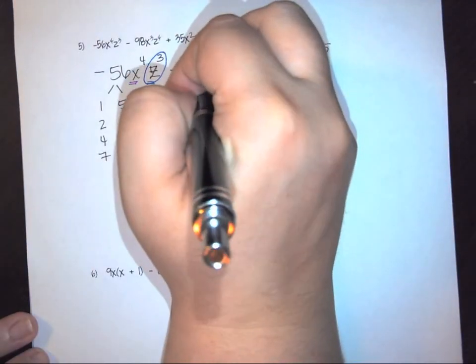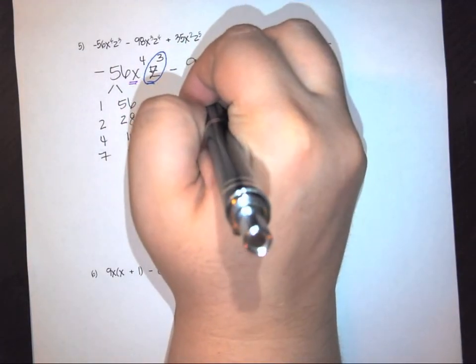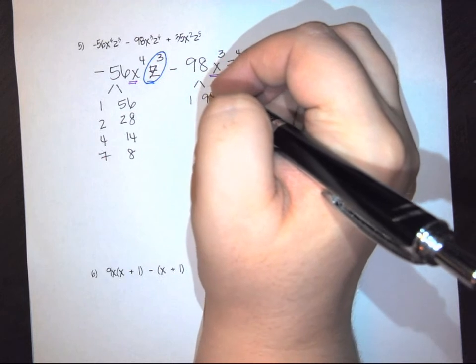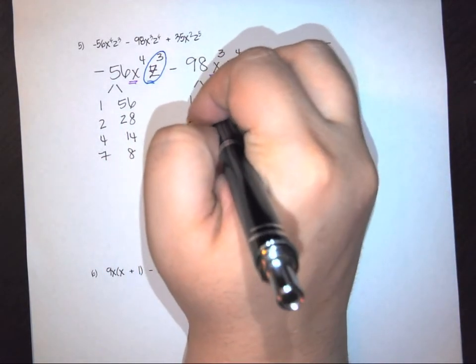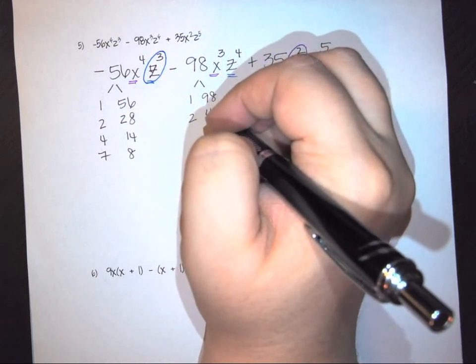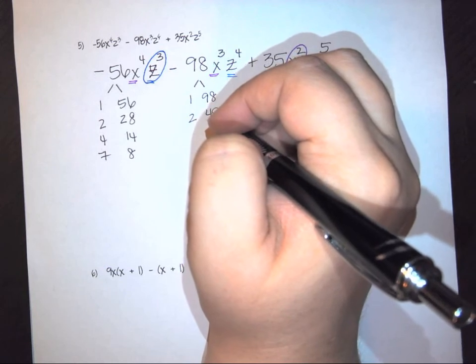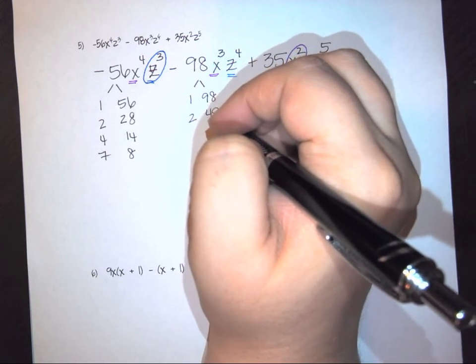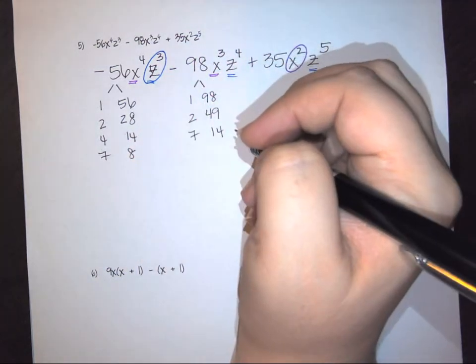When I'm looking at 98, again, I've got 1 and 98. I have 2 and 49. Seven and 14.